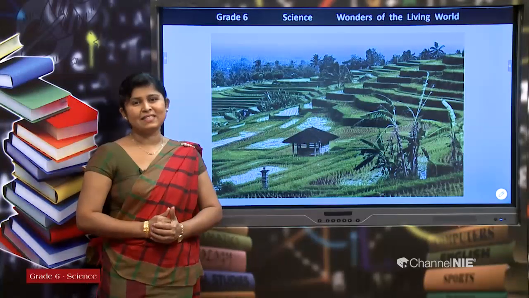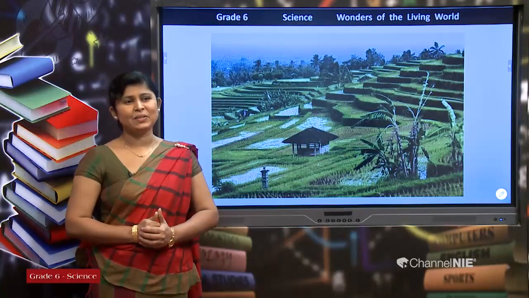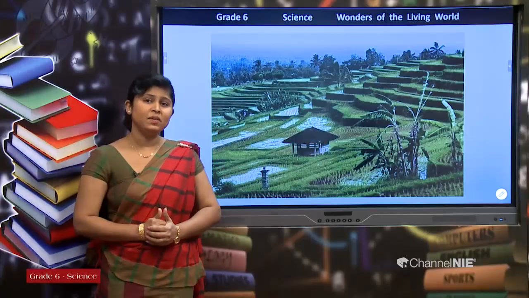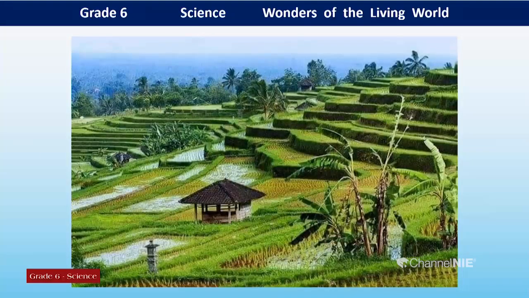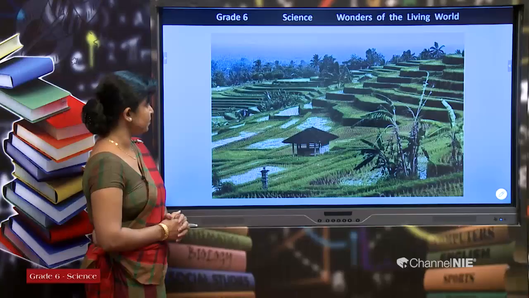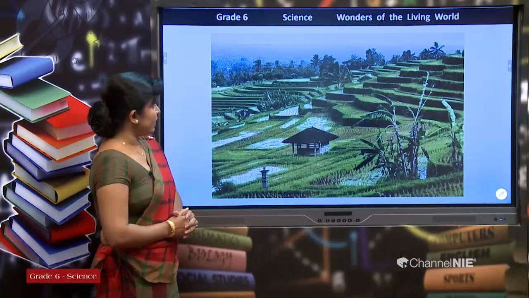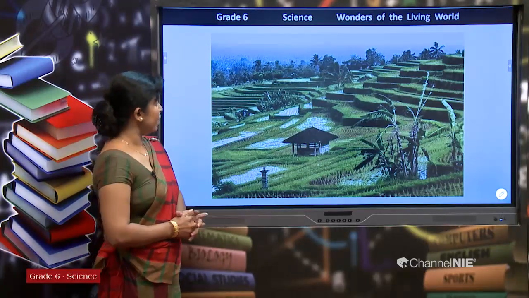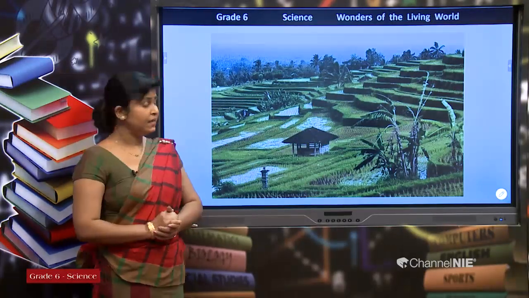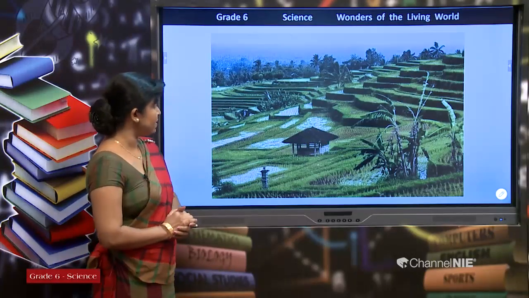Right. Before the lesson, I have got a nice picture to show you. You all can observe the picture very carefully, and then you have to think about the components you have to observe in this environment. Look at the picture. You can observe different plant varieties, then water resources.